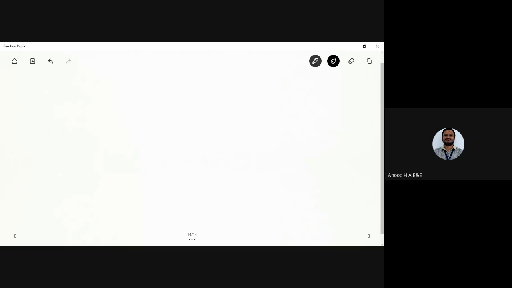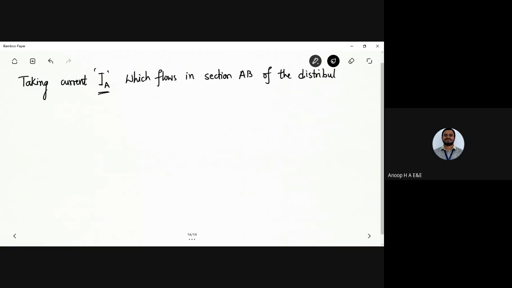So I take current IA, which flows in section AB of the distributor. I'll simply write it as distributor because what I'm talking about here is also a DC distributor.